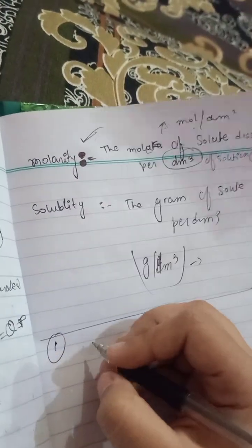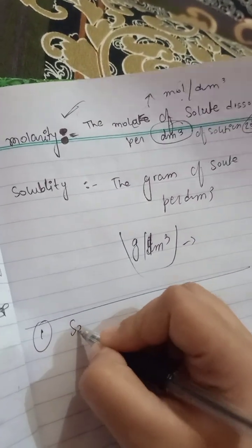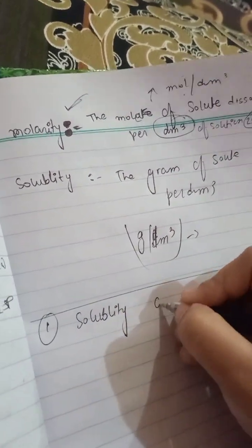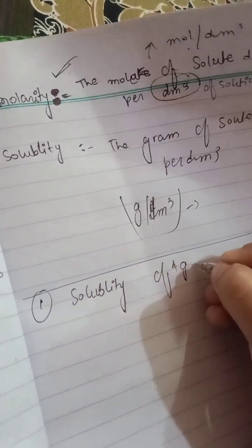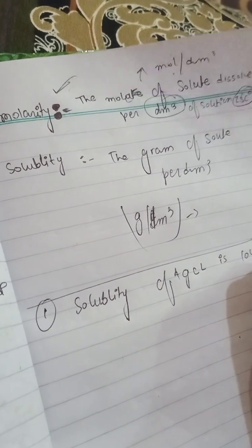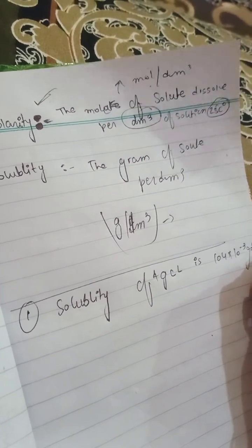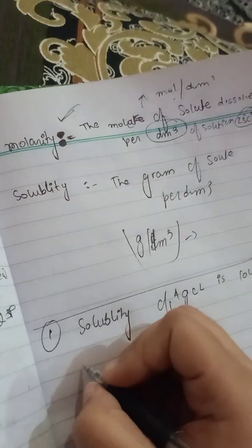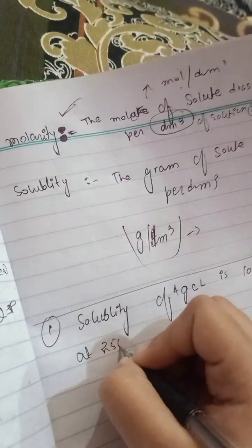The first problem is about solubility. Here we are going to discuss problems on molarity and solubility. The solubility of AgCl is given in gram per dm cube, which means it is talking about solubility. This is silver chloride at 25 degrees.